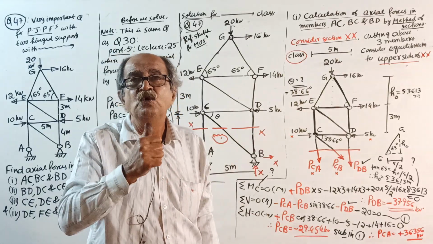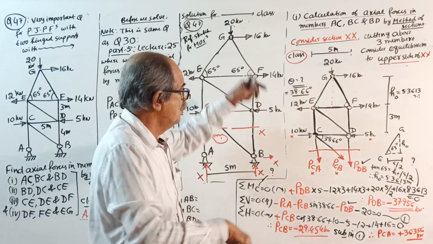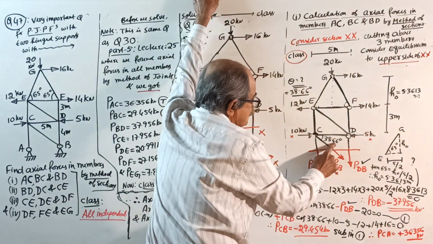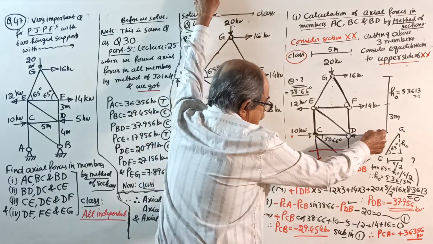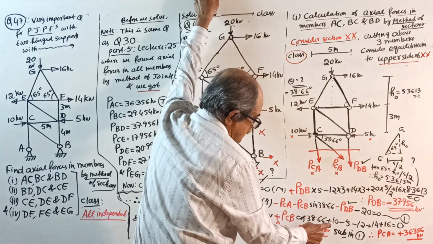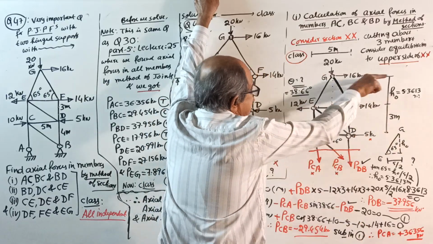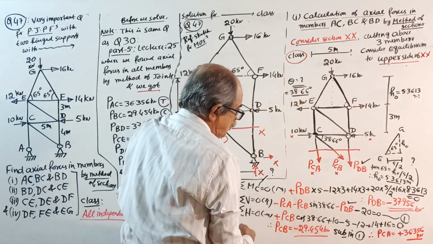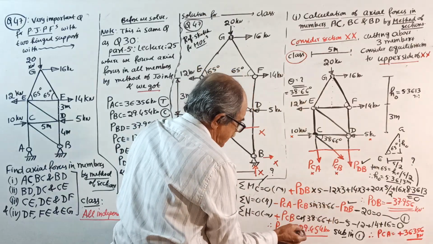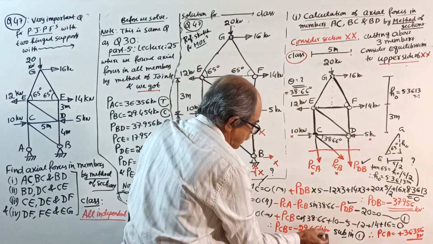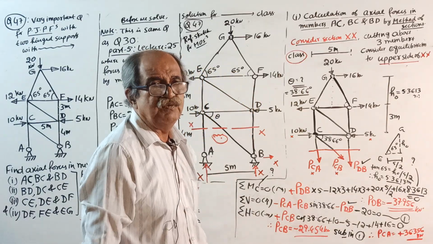Plus PCB cos of this angle, plus 10 minus 5, minus 12 plus 14, plus 16 equals 0. Now you get the value of PCB as minus 29.454 kilonewton.